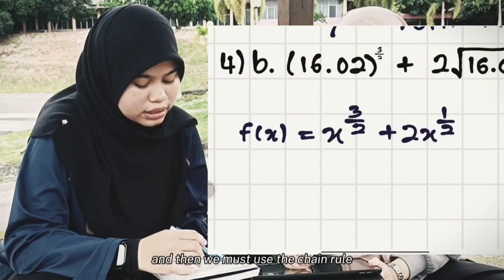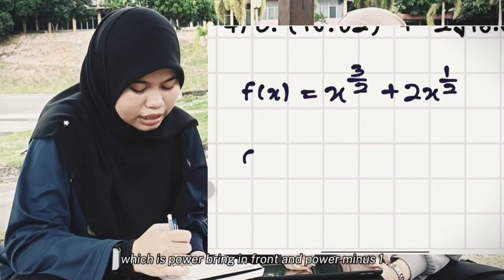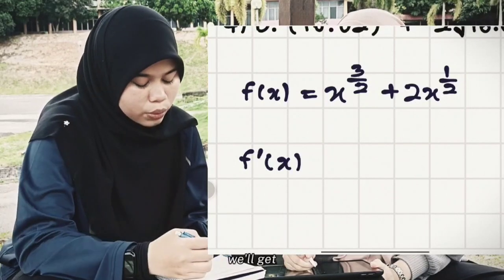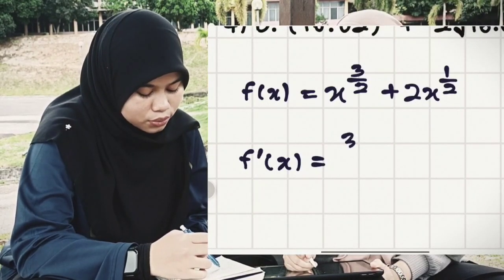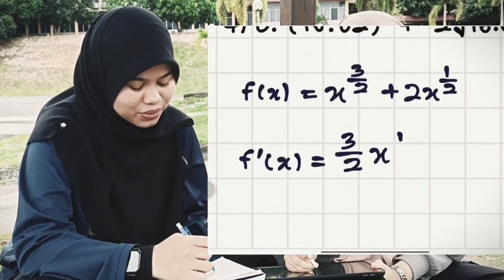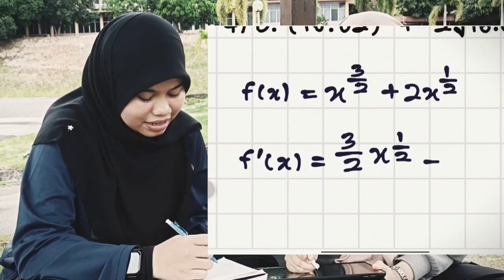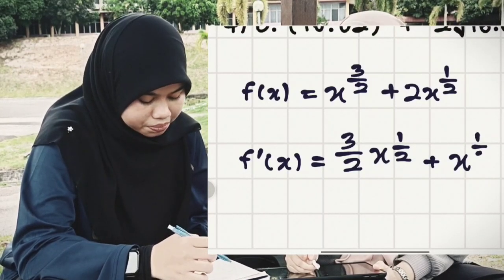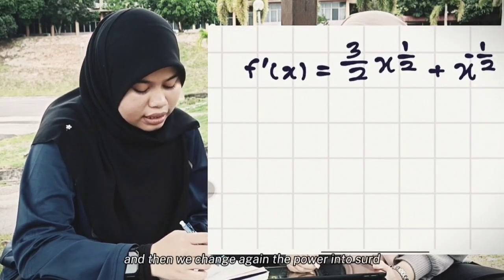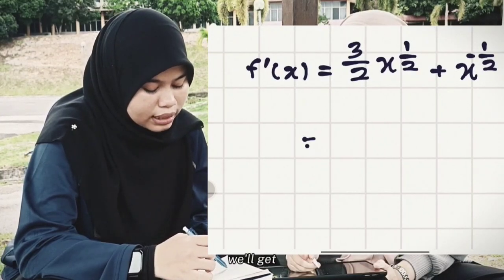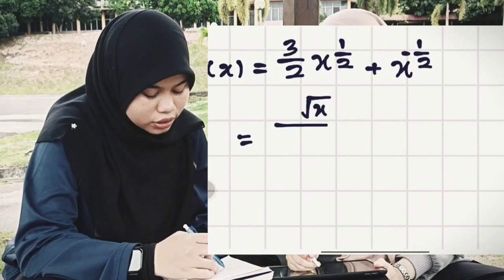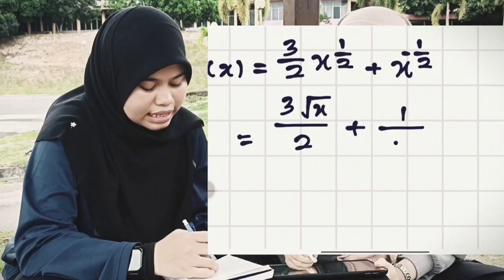And then we must use the power rule, which is power bring in front and power minus 1. We will get 3 over 2 x power 1 over 2 plus x power negative 1 over 2. And then we change again the power into root. We will get 3 root x over 2 plus 1 over root x.